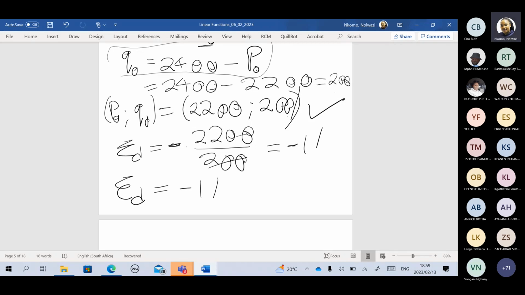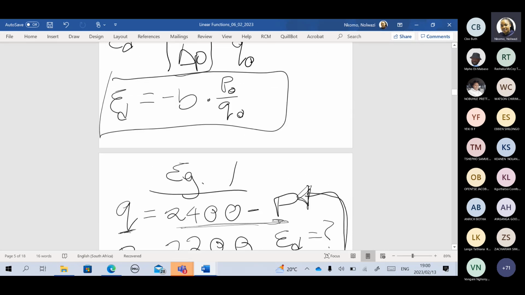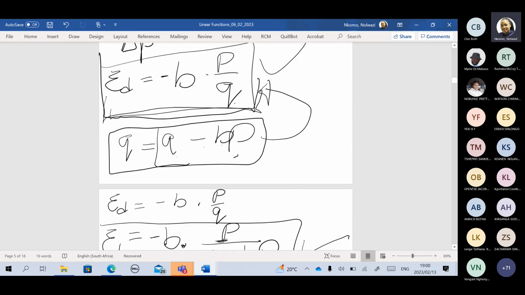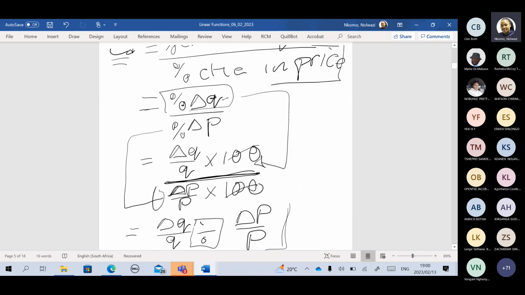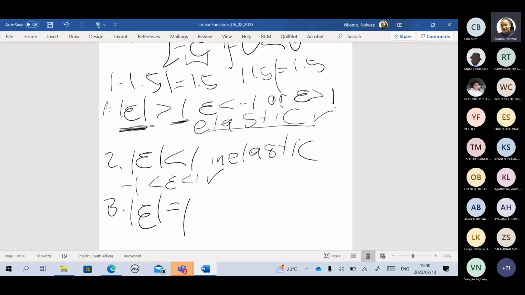And then we do not end here. Remember, I said our elasticity of demand is given as a non-negative, right? Which is the absolute value. And our absolute value falls under three conditions. I said we have a condition whereby the absolute value of the elasticity of demand or supply is greater than 1.